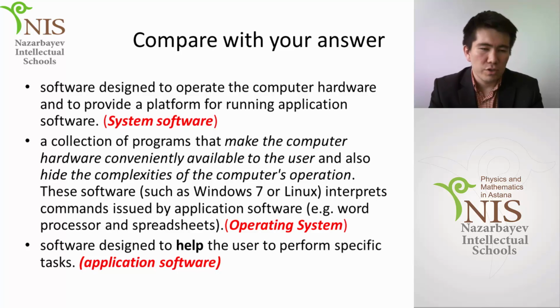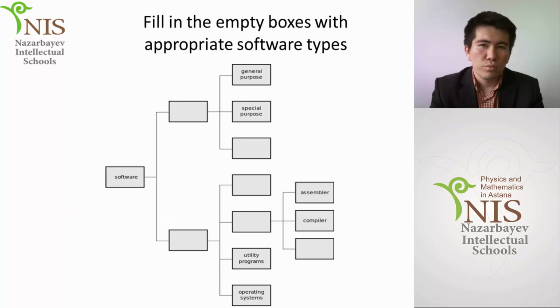Of course, specific tasks can be performed only by application software. And as you probably remember, application software can be divided into several types, like bespoke application software, off-the-shelf application software, or generic, and other types of application software.